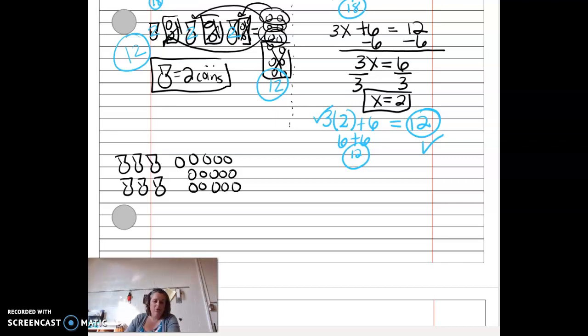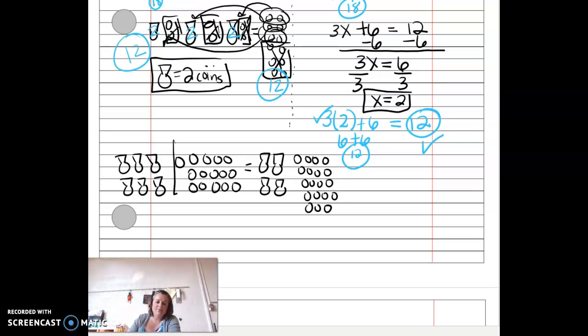All right, and then over on the other side we had 4 bags and 19 coins. All right, so it looks like we're gonna have to take these 15 coins away from both sides. All right, so you have 1, 2, 3, 4, 5, 6, 7, 8, 9, 10, 11, 12, 13, 14, 15.